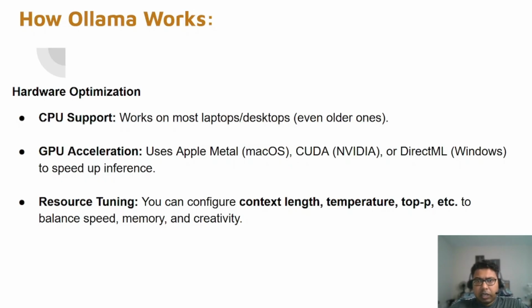Means if I ask about aeroplane, it should not tell about dogs, right? So that's how it will be relevant. Our response should be relevant to the question we are asking. That's what temperature and top p maintains. So basically Ollama also maintains this to balance speed, memory, and creativity.